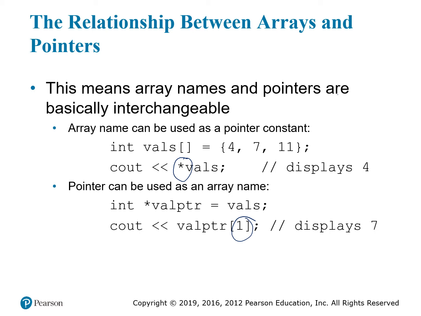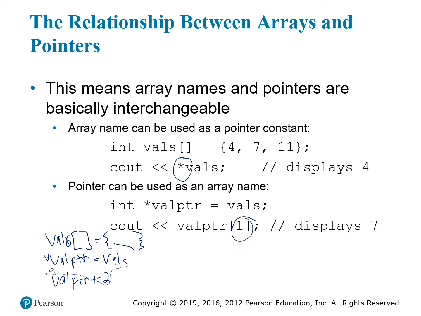You can do something like vals equals blah, okay. Star val pointer equals vals. And then you can say val pointer plus equals 2.